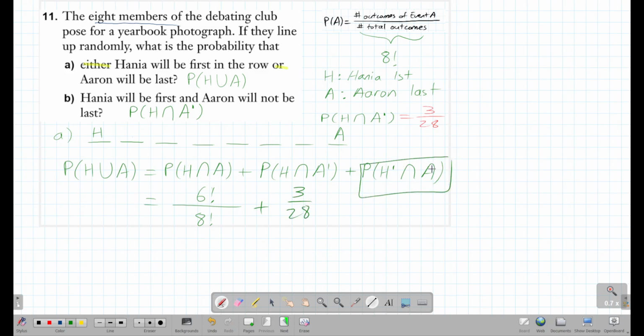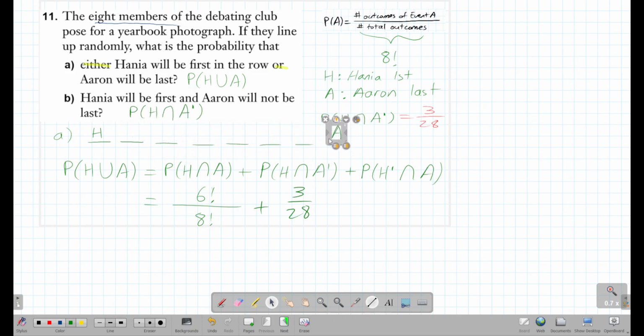The third one is a little bit interesting because now we are putting Aaron last, but with Hanya, we don't want her to be first. Hanya is free to move anywhere she wants, except the first position. Well, this is kind of like B, where we put Hanya first and we let Aaron move wherever he wants.